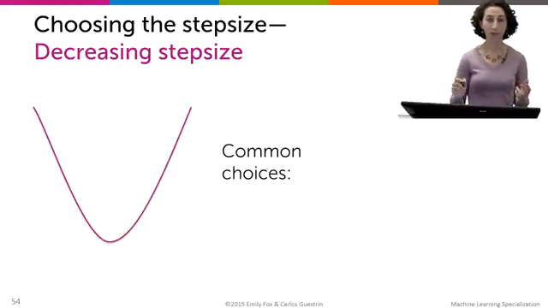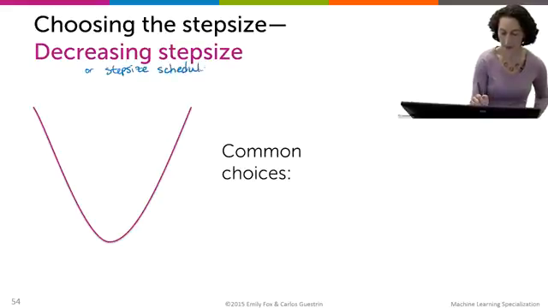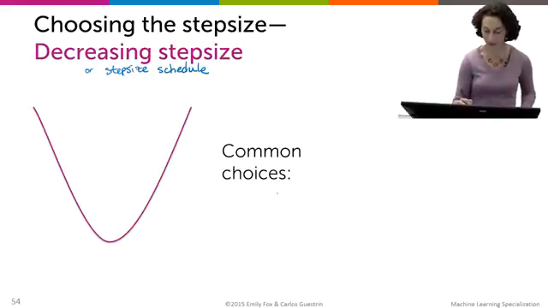It's often called a schedule, or step size schedule, that you need to set, and common choices for this are that the step size you're using at iteration t is equal to some alpha over t, or another common choice is some alpha over square root of t.